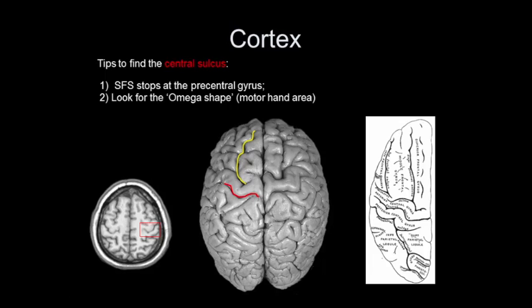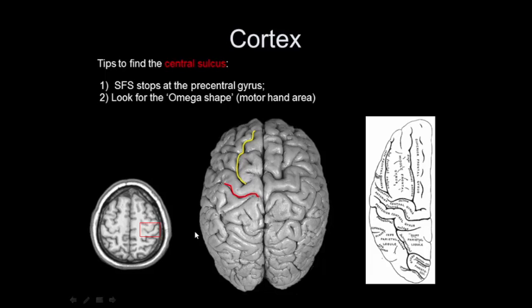And fun fact, when you see the omega, that's the motor or sensory representation of the hand. So if you're doing a finger tapping task in the fMRI scanner and you want to see where the brain is activated, you should be able to see the omega contralateral to the hand that is stimulated. Okay.